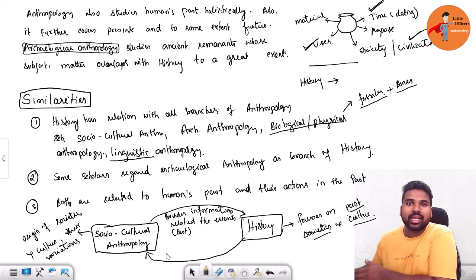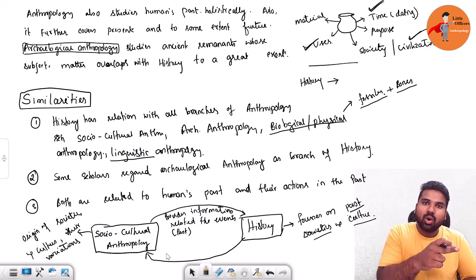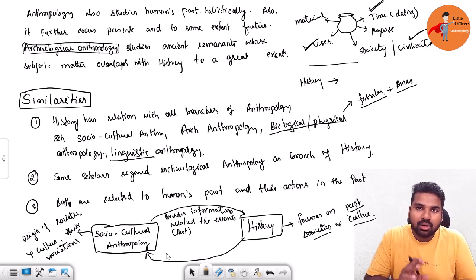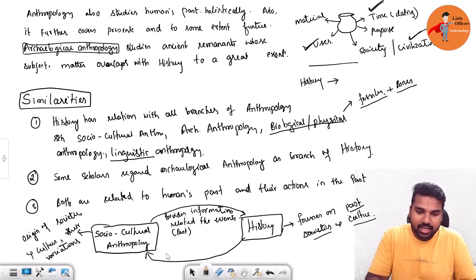So by looking at these facts and written records, it validates what is being provided by socio-cultural anthropology. Simply summarizing, what history does is validate the past events with written records.